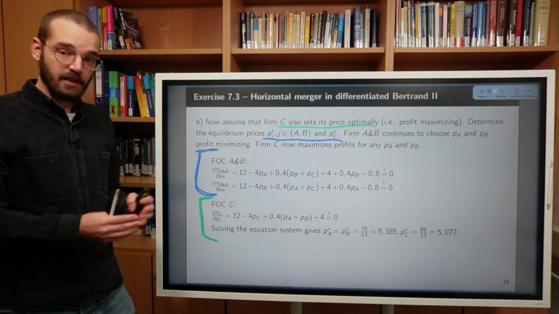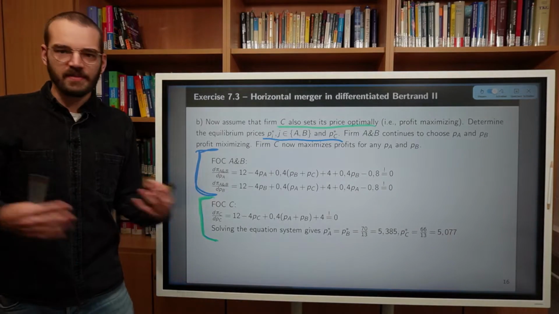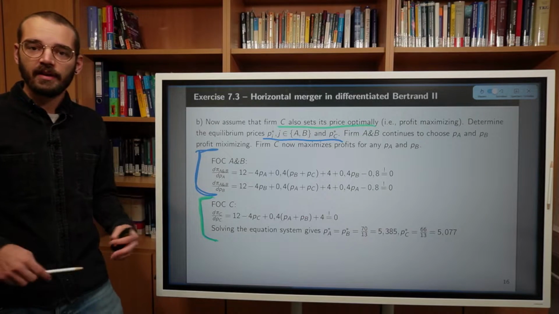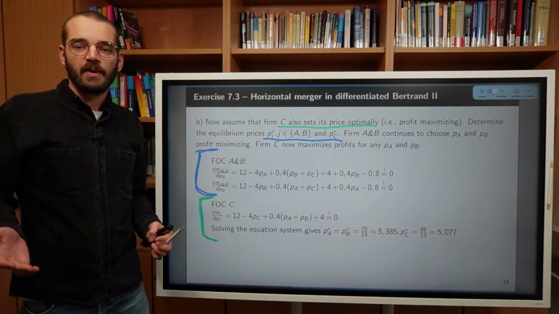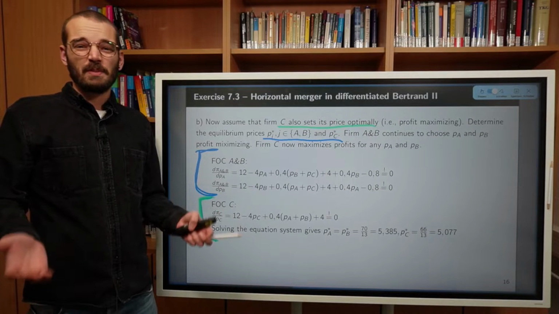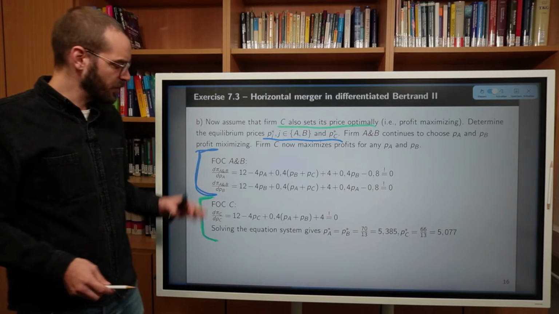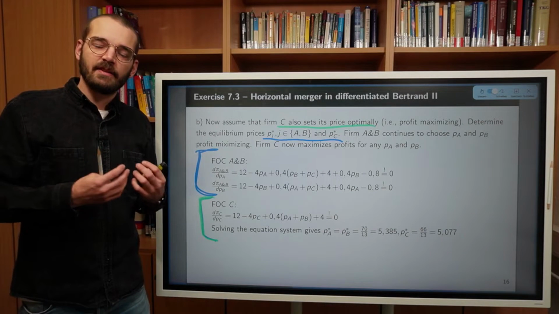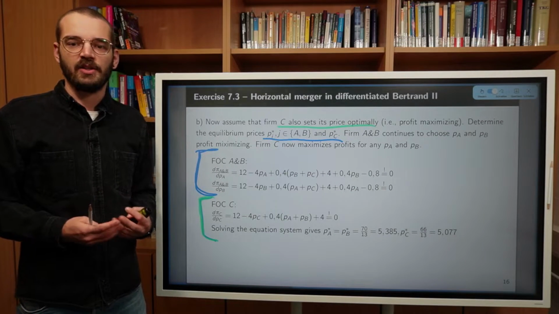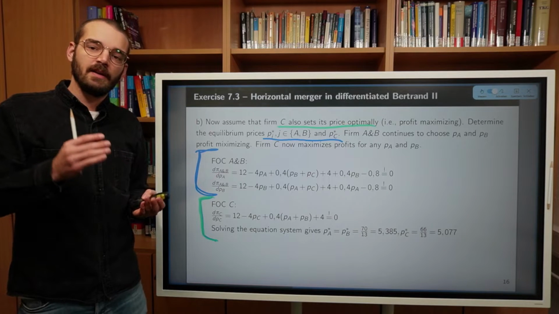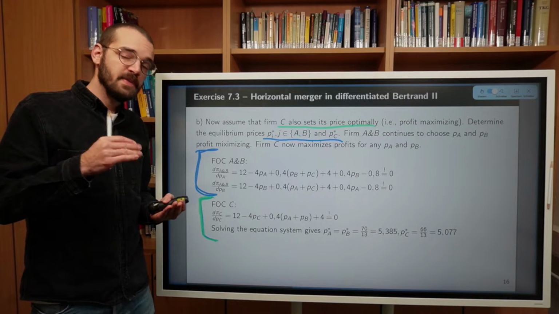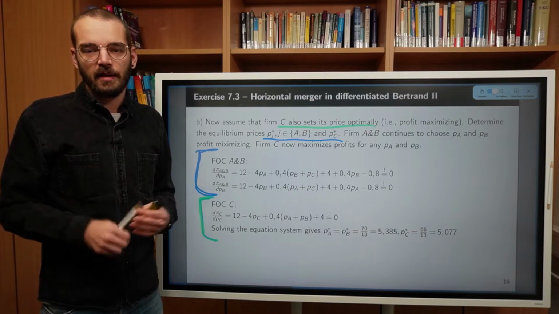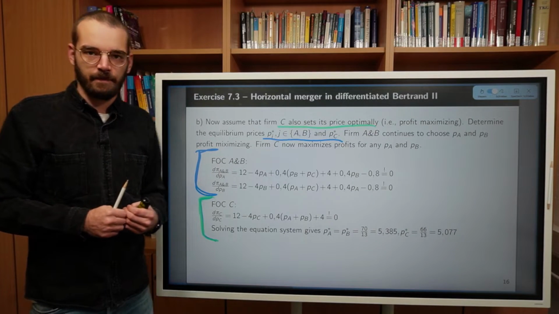And if we no longer assume some fixed pricing for C, but rather want to look for the equilibrium price, or in other words, the best response of firm C, what we need to do is state the profit function of firm C and find the maximum of this profit function by choosing firm C's strategic variable, price C, profit maximizing.